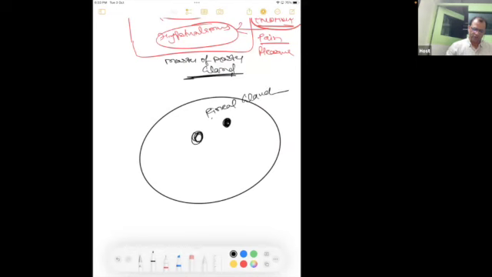Another is the hypothalamus. And one is the pituitary gland. The hypothalamus and the pituitary are connected with each other.